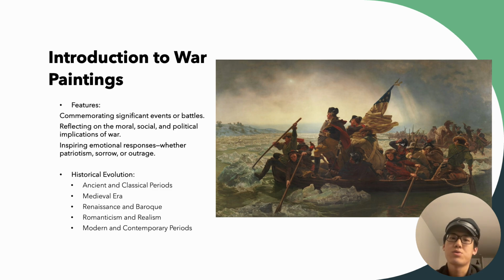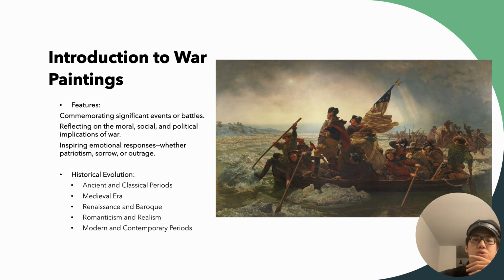When it comes to the Renaissance and Baroque periods, it shifts toward more allegorical representations, where war was depicted through mythological or symbolic figures, just like the art we're going to discuss, and focused on moral and intellectual reflections on war's impact on society.